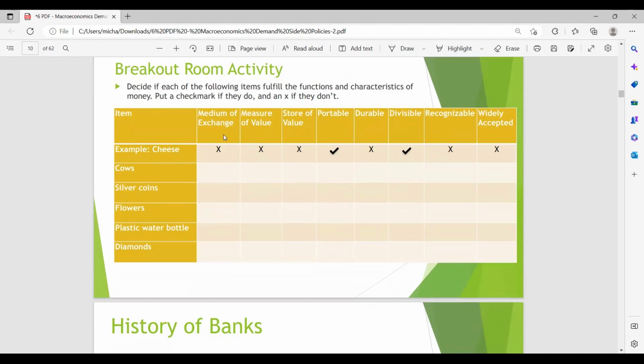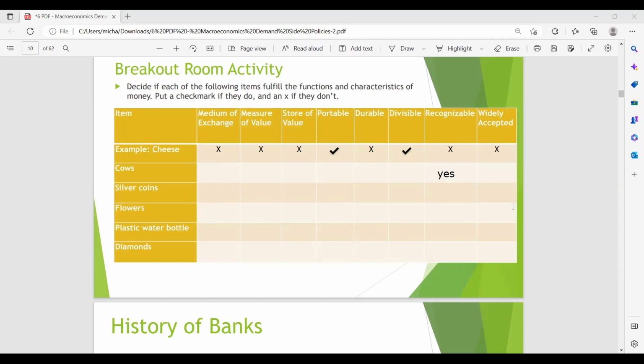So cows. Which of these do cows fulfill? Does Chica want to try? Yeah, recognizable would be good. Yep, that's great. And then what else would they fit?